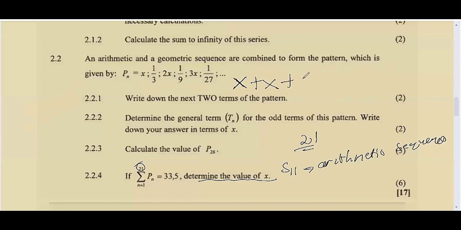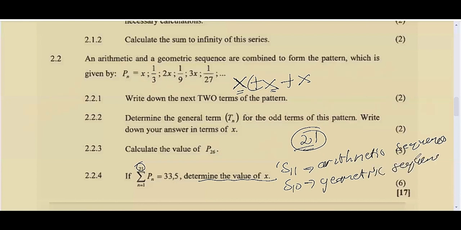If you continue with that pattern, you'd find that your X's will be 11 and your plus signs would only be 10. So your plus signs are representing the geometric. Now, if you add these 11 terms that belong in the arithmetic sequence and 10 terms that belong in the geometric sequence, all form 21 terms from this given sequence.